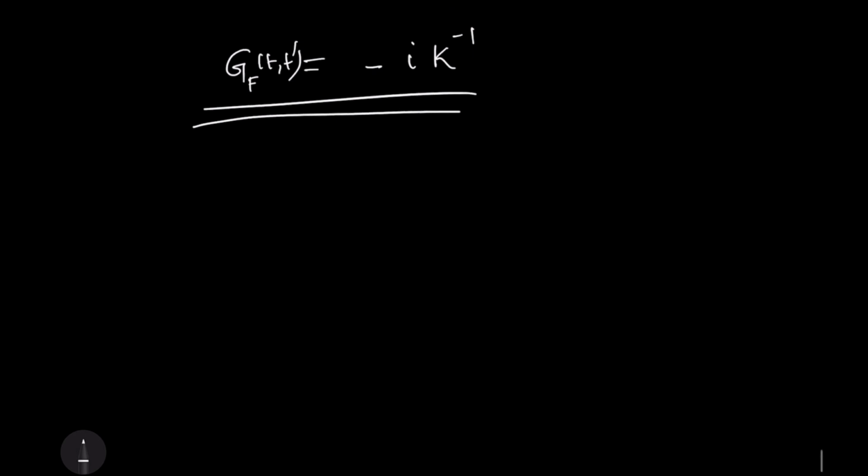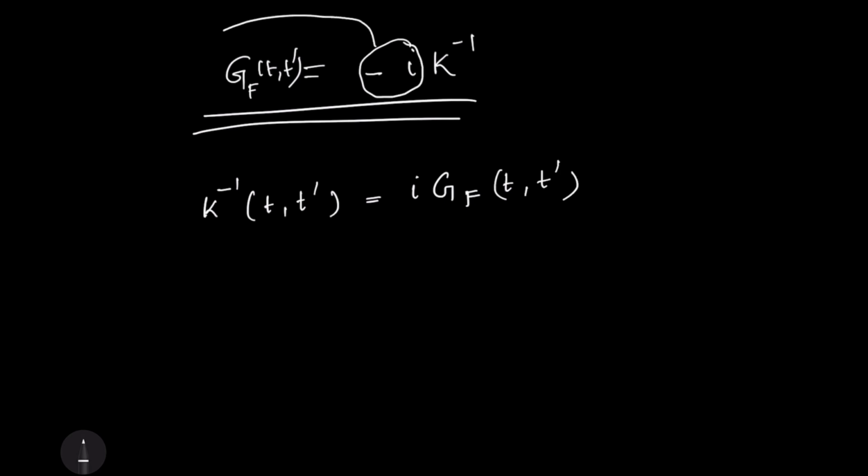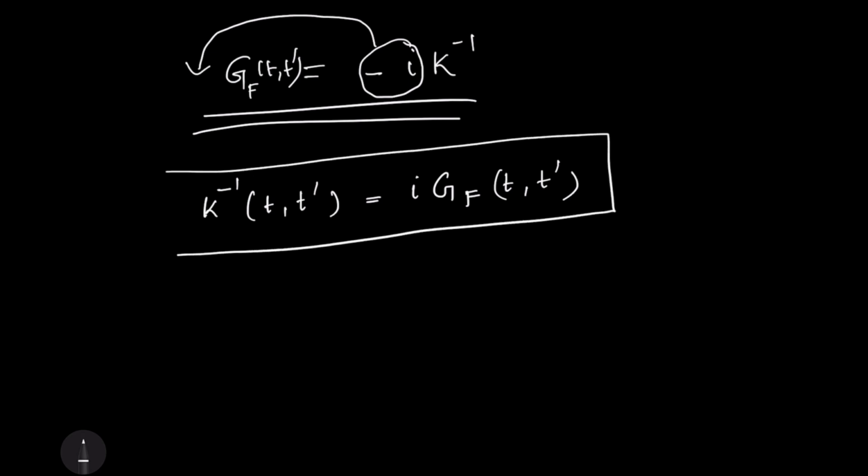So from this expression I can write K inverse(t, t prime) is equal to I G_F(t, t prime), right? Because this minus I, when it comes to this side, will be plus I. So K inverse(t, t prime) is equal to I G_F(t, t prime).